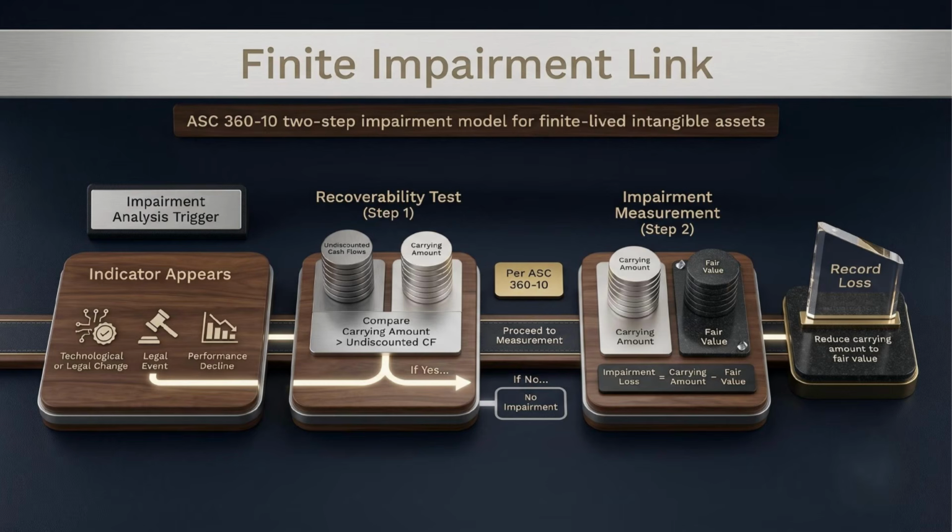First, the recoverability test compares carrying amount with undiscounted cash flows. If those cash flows are below carrying amount, the asset is not recoverable. Then impairment is measured by comparing carrying amount with fair value. So the sequence is indicator, recoverability, fair value measurement, and loss entry.